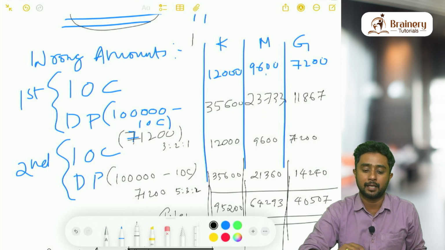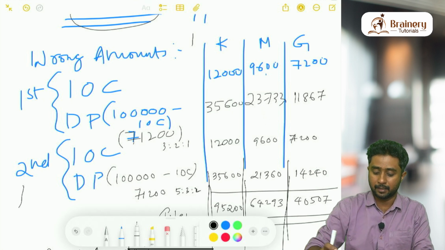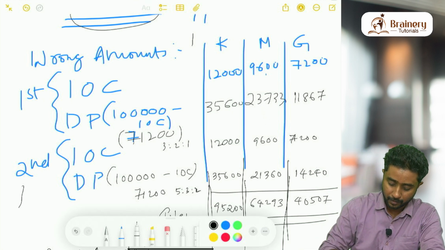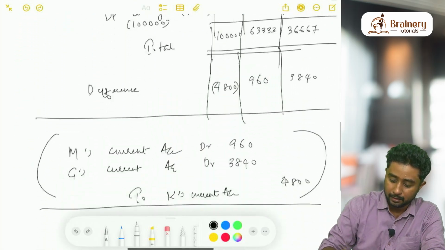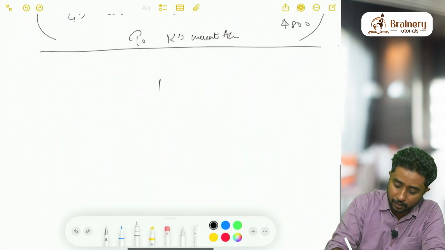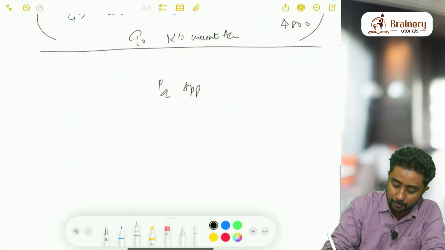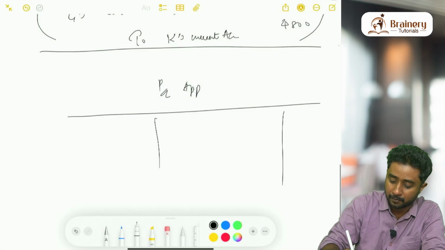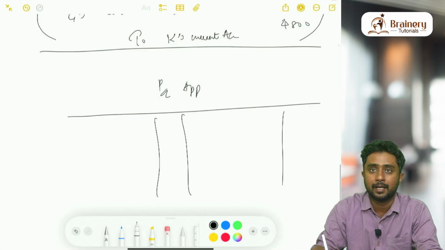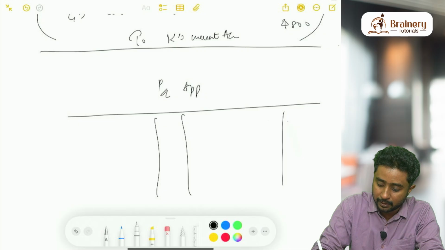Divisible profit, how to calculate? Those who don't know divisible profit calculation, just see. Look here. When you are preparing the profit and loss appropriation account, only then we can find out the divisible profit. Obviously the profit and loss appropriation account starts with the net profit. 1 lakh was the net profit.